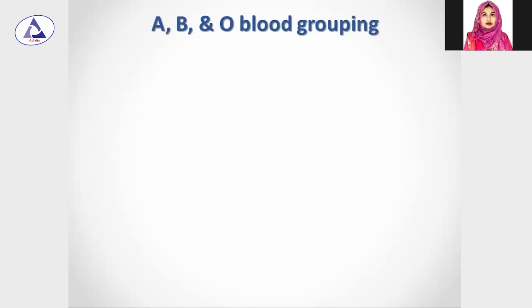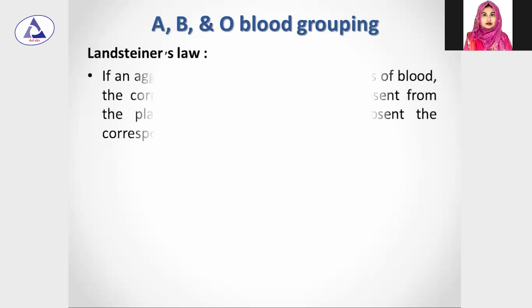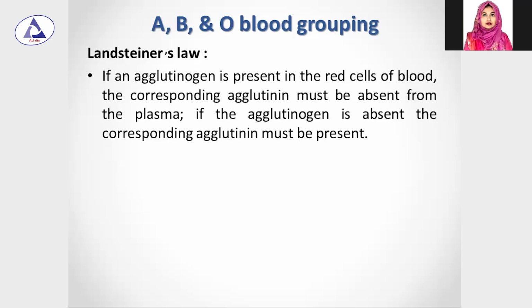Let's go for further discussion. If we go through the ABO blood grouping, what will come first is Landsteiner's law. What is Landsteiner's law? The law is: if an agglutinogen is present in the red cells of blood, the corresponding agglutinin must be absent from the plasma.